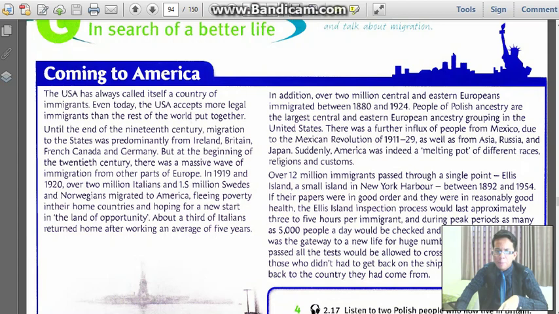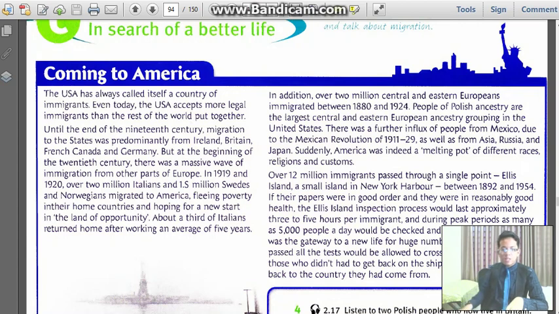If their papers were in good order and they were in reasonably good health, the Ellis Island inspection process would last approximately 3 to 5 hours per immigrant, and during peak periods as many as 5,000 people a day would be checked and questioned.